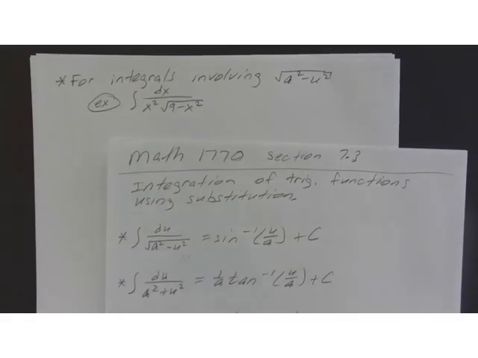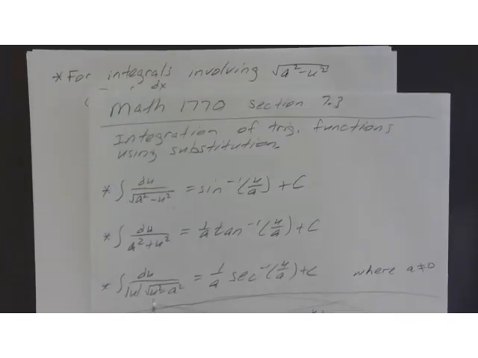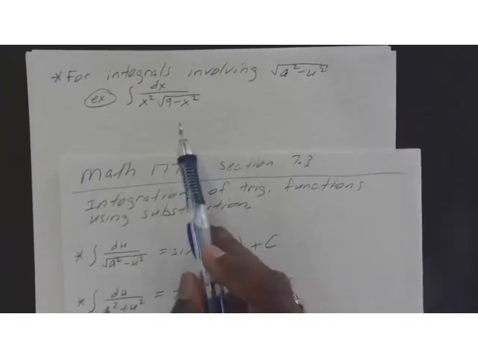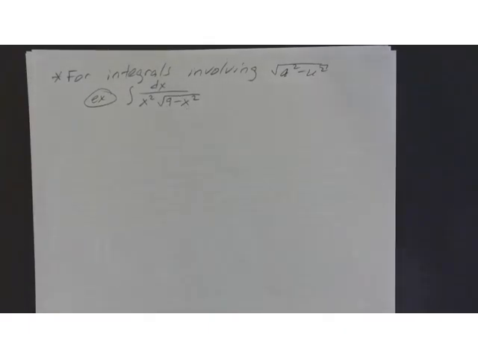Well, the square root portion of it is similar, but it has an x squared here, which is similar to this one, but this is u squared minus a squared, and this one will be a squared minus u squared. So it doesn't really match any of those.